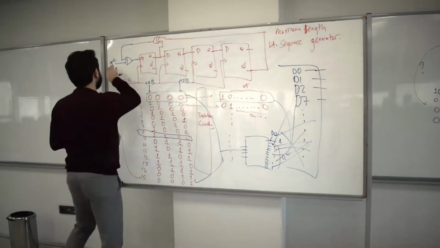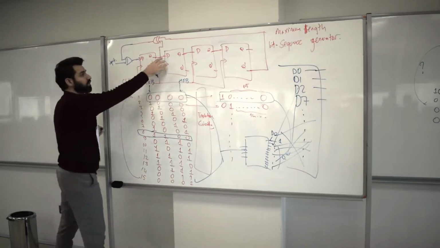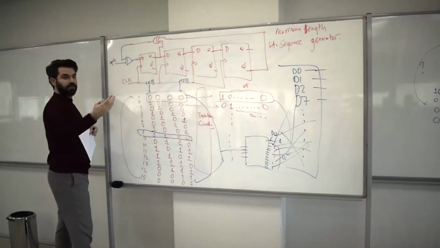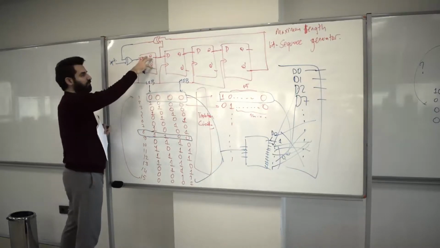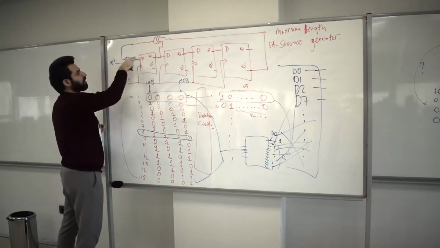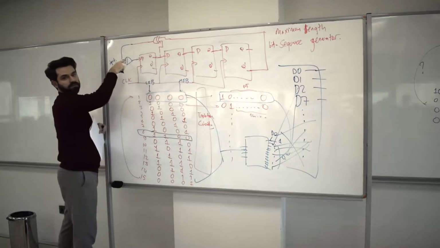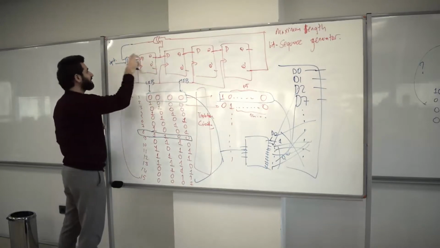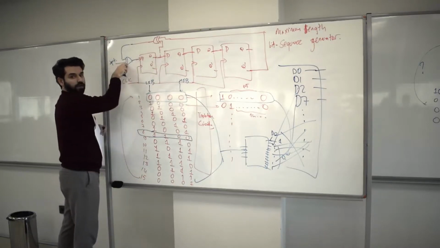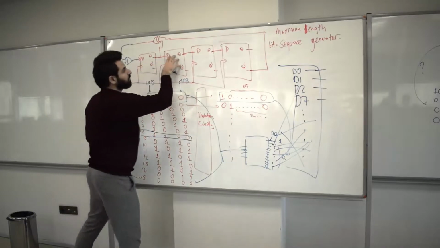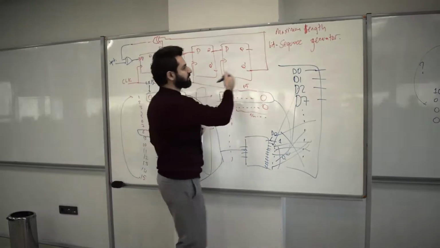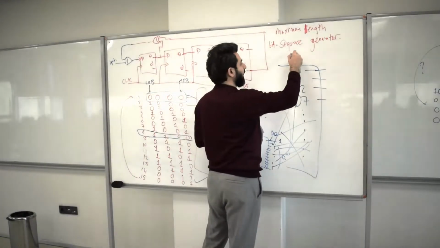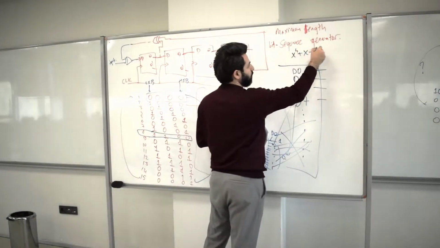Here, the input is not delayed, but those flip-flops cause a delay. The input goes into this flip-flop with an additional delay, so there is the input itself and a 4-delayed version of the input. That's why people call this polynomial x to the 4 plus x plus 1.